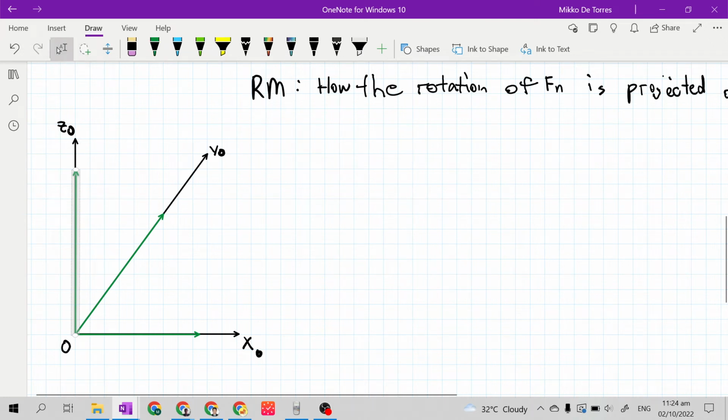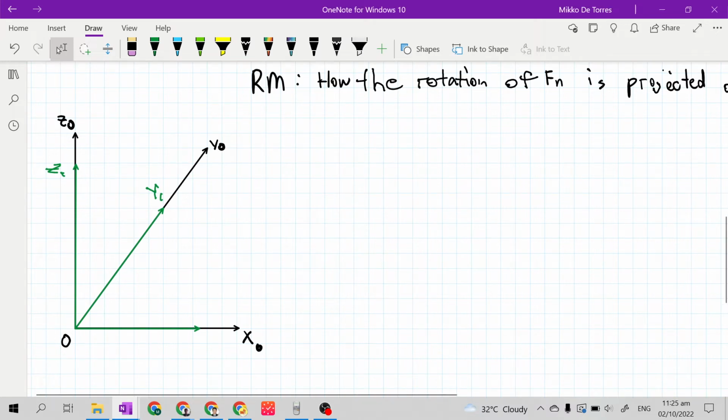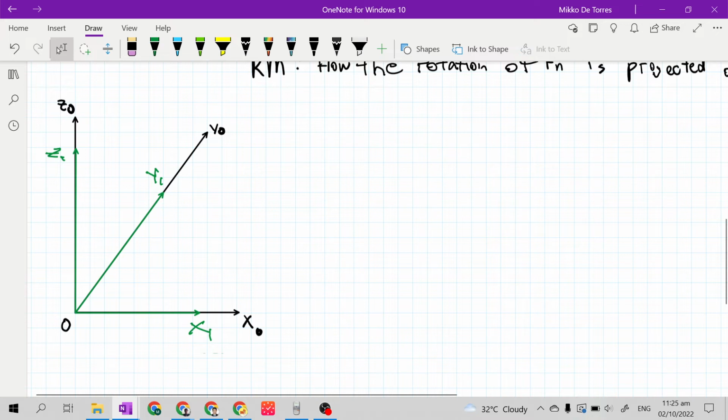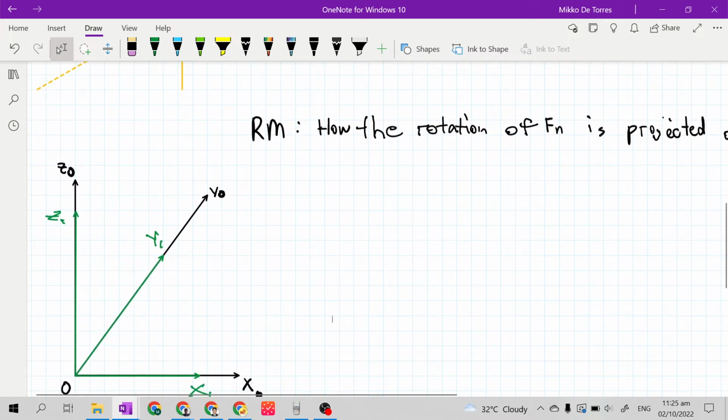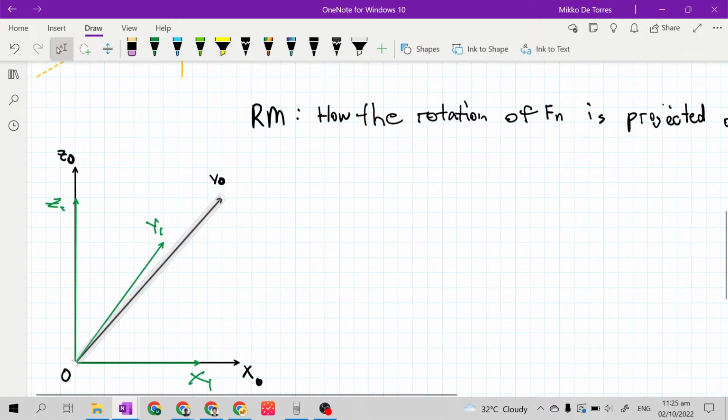So we will name it as z sub 1, y sub 1, and x sub 1. Okay, so let's make this like this.